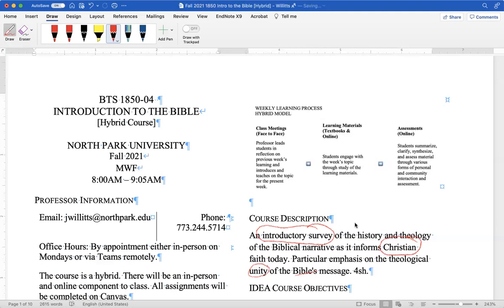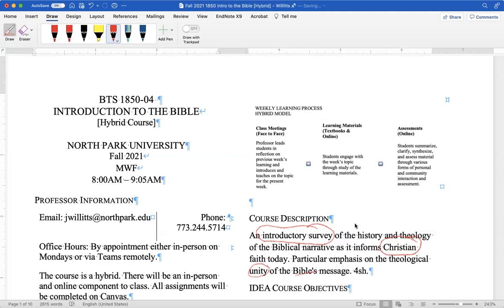And there's a unity between what we call the Old Testament, or the former Testament, and the New Testament. These are two sections that the Bible is divided into, the Old or former Testament and the New Testament. And we'll discover that those two sections form the basis of this larger grand story.